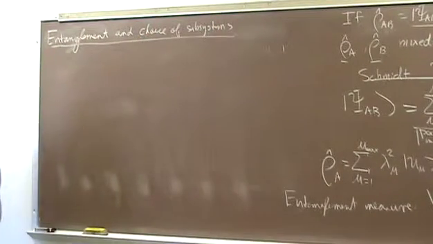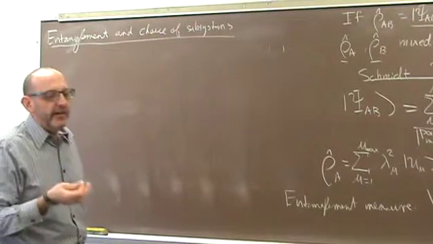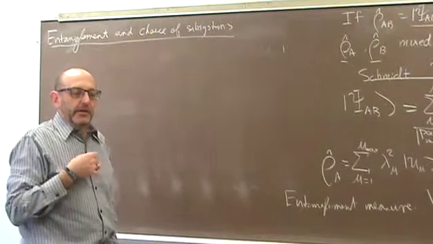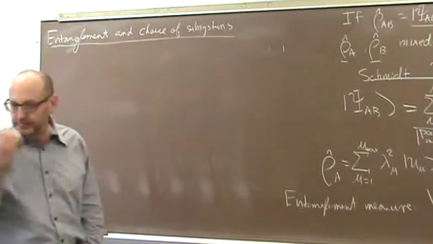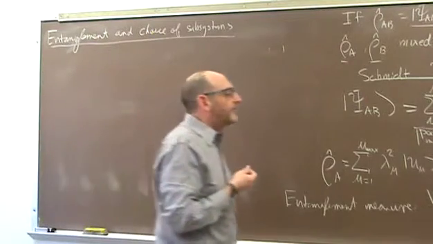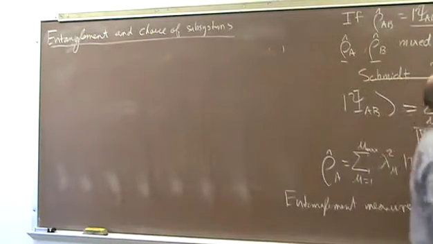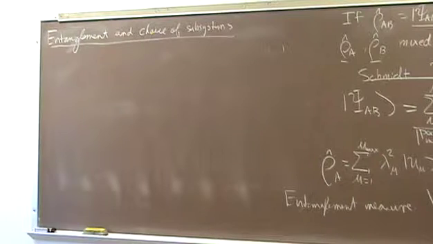So, in classical physics, we know that if I have some system with multiple degrees of freedom, I can often solve the system more easily if I choose the coordinate system correctly.